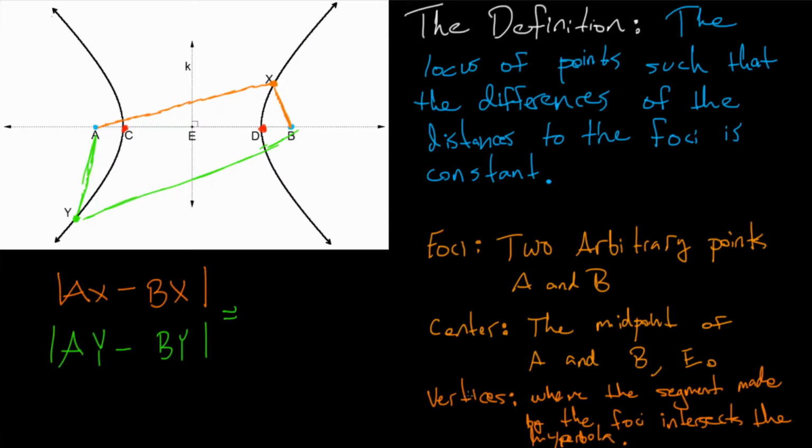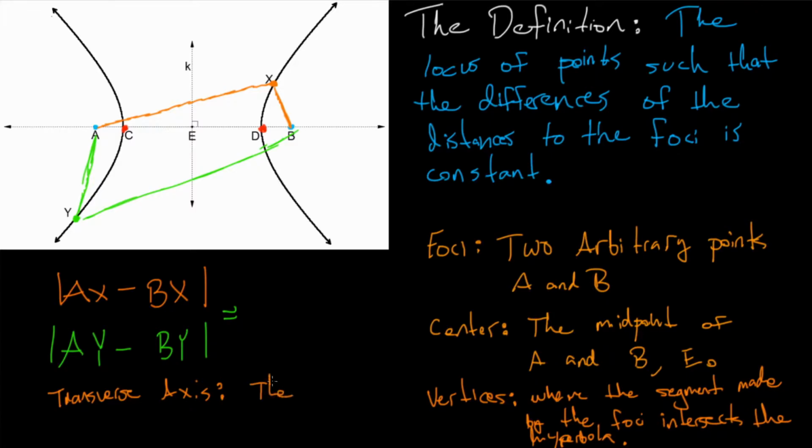And so I've run out of room here down at the bottom, but I'm just going to write this last term over here. We have something called the transverse axis. And that is defined as the segment with endpoints the vertices.